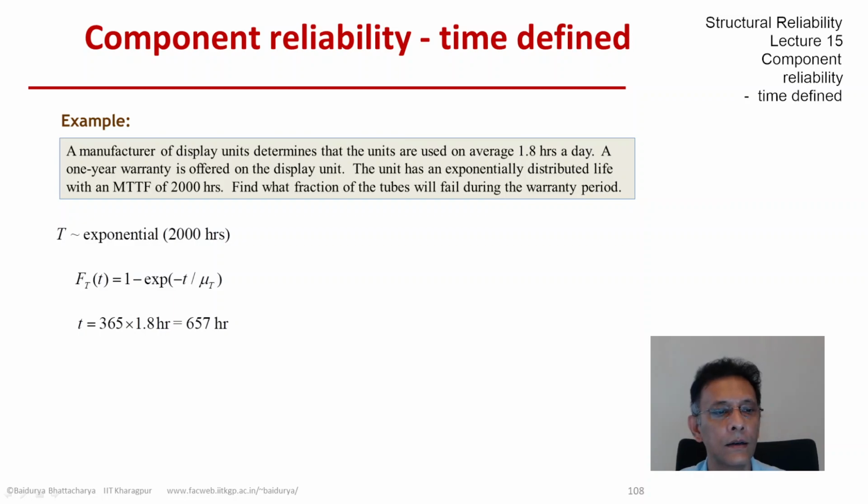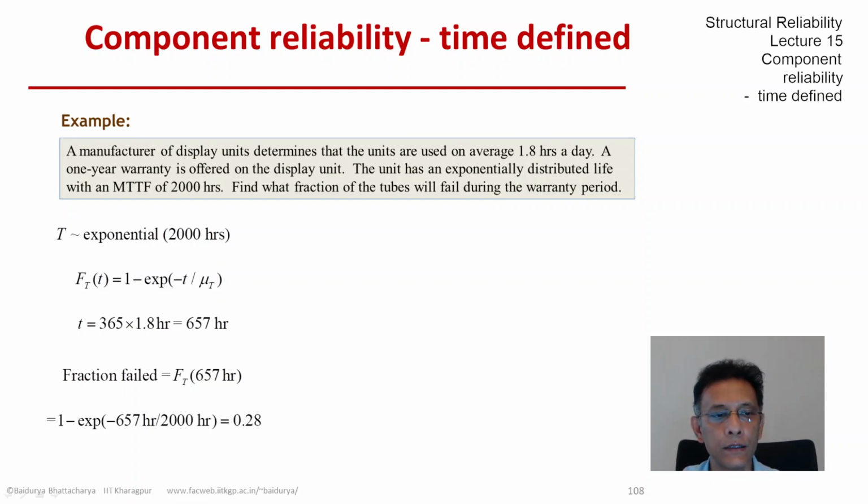1.8 hours a day over a year, which is the design period, which is the warranty period, and that comes to about 657 hours. So the fraction of display units that will fail during the warranty period is the CDF of capital T evaluated at that particular time instant, which is 657 hours.